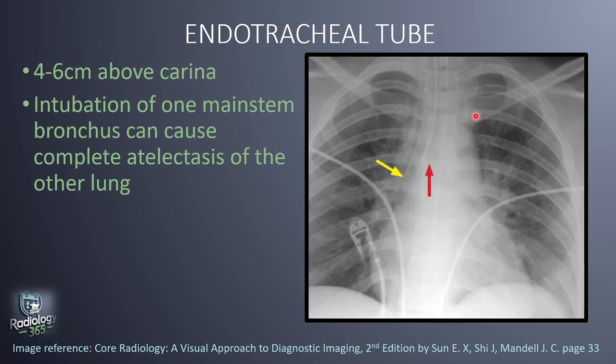And so the alveoli will then collapse, and it's going to be all the lobes of the left lung that would collapse. This is an emergent finding if you see the endotracheal tube in one mainstem bronchus. Ideally, it should be about 4 to 6 centimeters above the carina. This is an abnormal position.